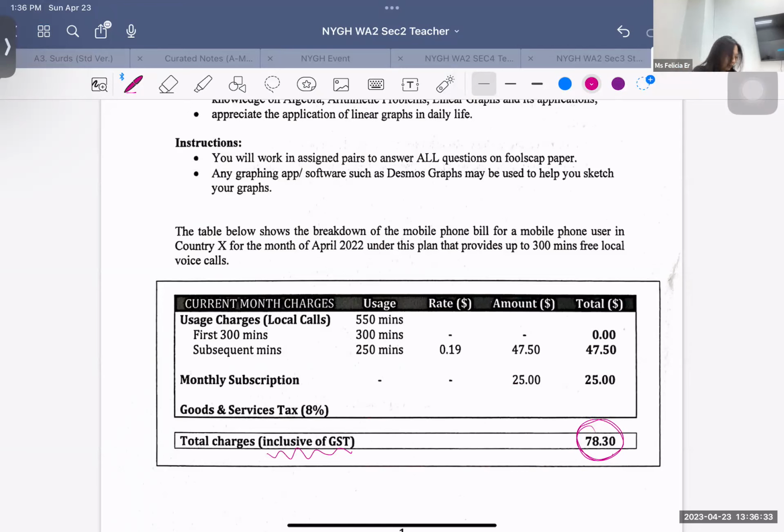So, okay, hold on. I realized that it's not connected. I'm connecting. Yeah, if you guys can't see the screen, please let me know.